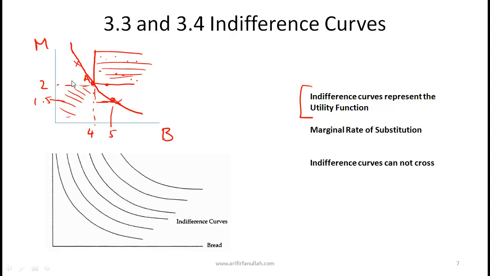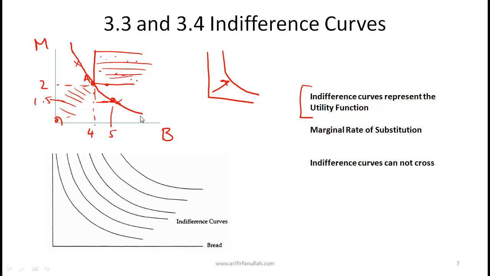Does everybody know what convexity is? So if you are sitting here and looking from the origin, this is a convex curve. In general these curves will be convex. Why?